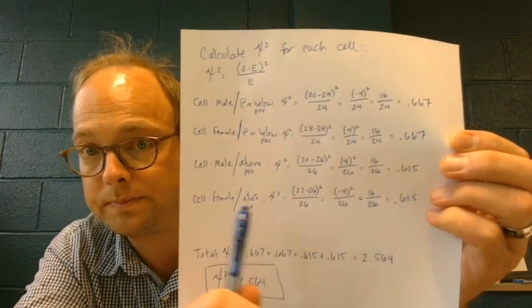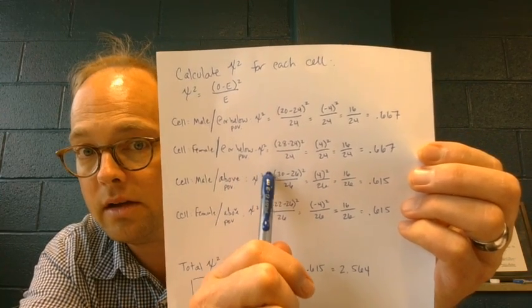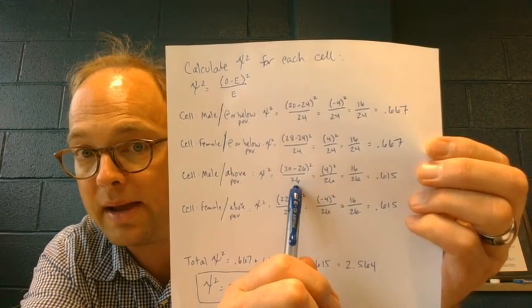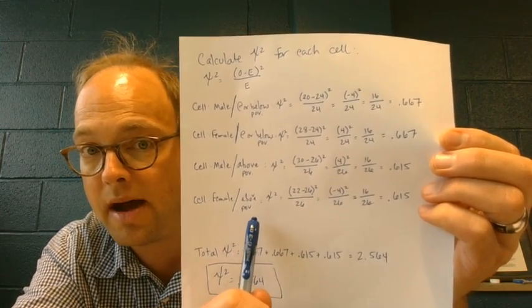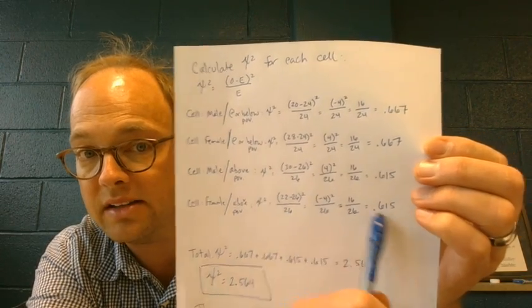The next cell, males above the poverty line, and females above the poverty line, carried out the math.